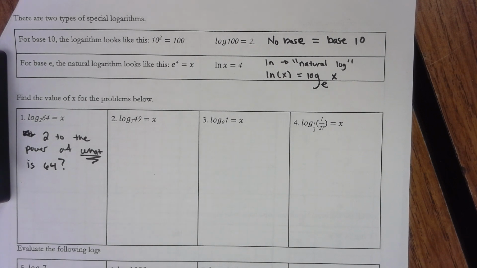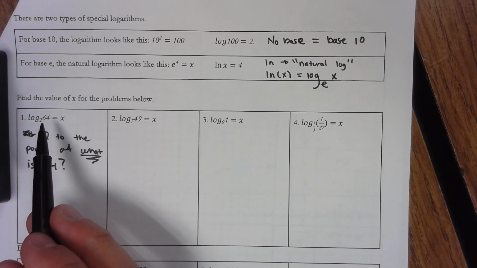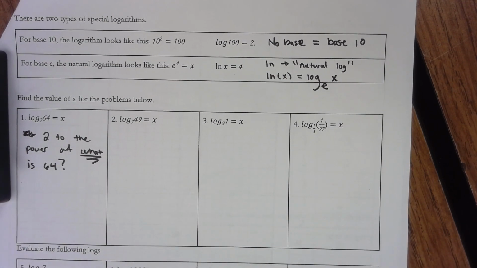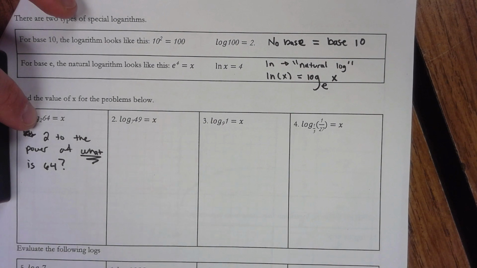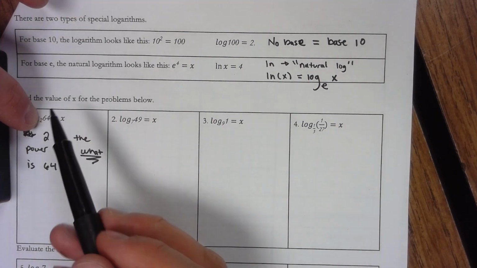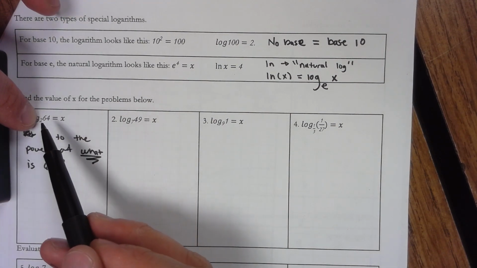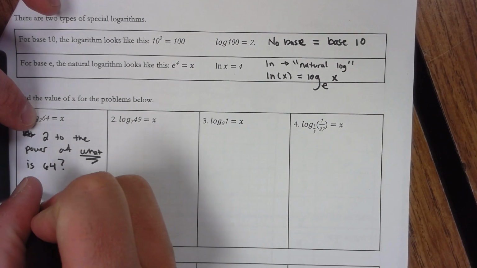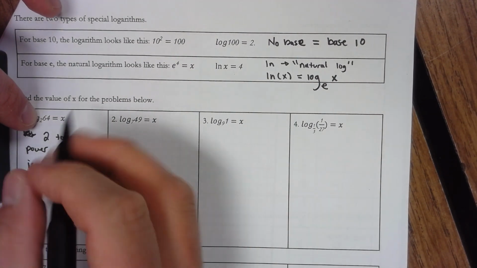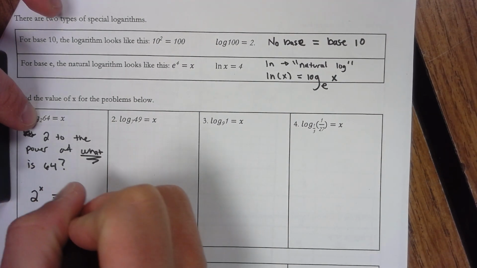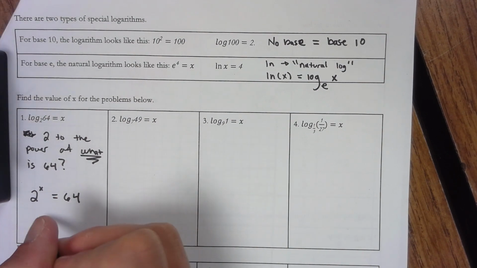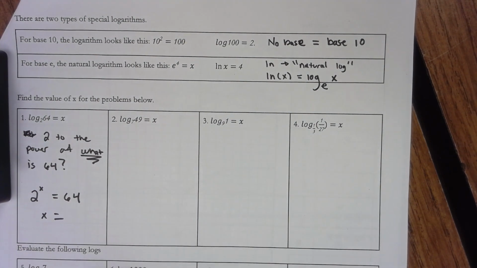Well, one way for us to see this mathematically is to do that conversion: take this log equation and write its corresponding exponential. How I do that: I hide the word log, so I write 2 to the power of the other term, x, equals 64. Now x is whatever that exponent is.